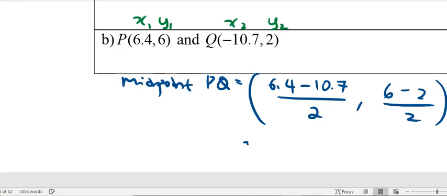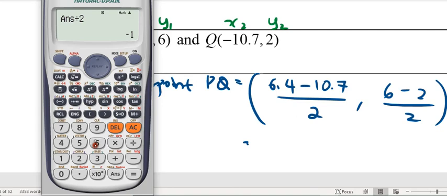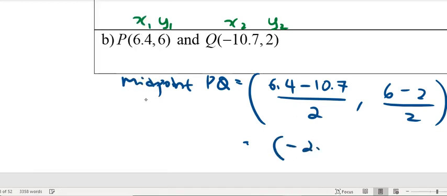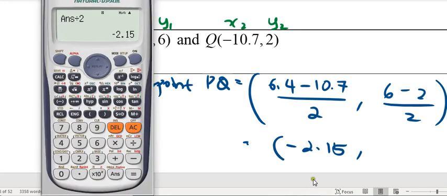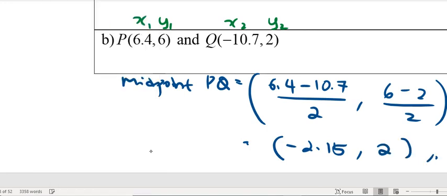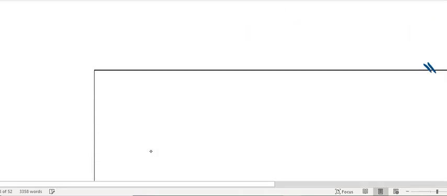Just use your calculator: 6.4 minus 10.7, divided by 2, so you got negative 2.15. Then 6 minus 2 is 4, 4 divided by 2, you got 2. So that's the answer. Very clear cut for midpoint.